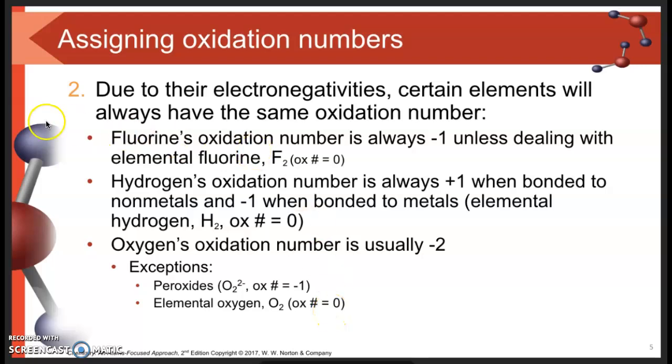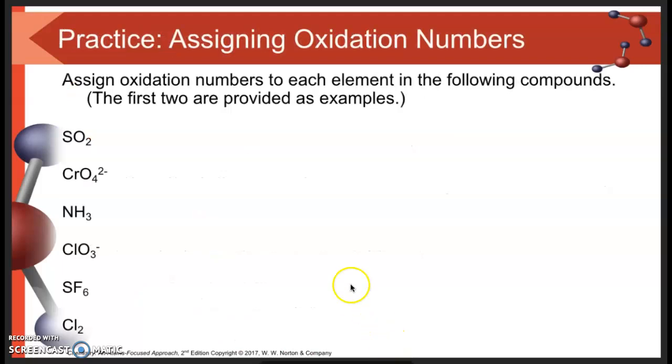Everything else, if I use these two rules, comes down to a matter of algebra, where I can literally just set up an algebraic problem to solve for the missing charge, the missing oxidation state. And I'll show you in a couple of examples here.